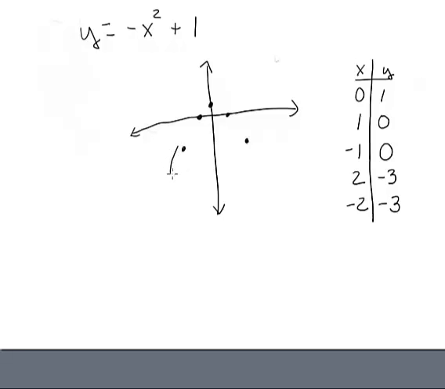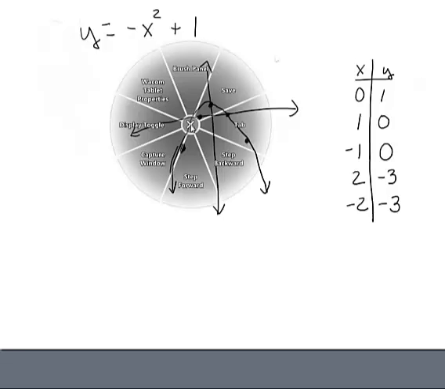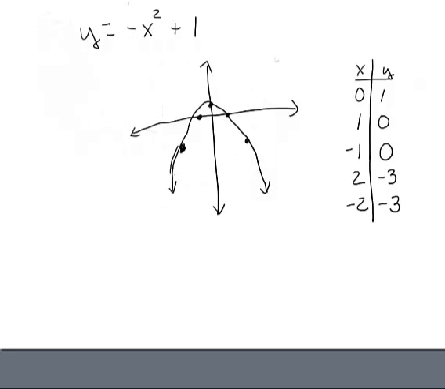Let me try again here. Okay, so the graph's not real accurate here. It should have gone through those points. But I'm not an artist, I'm just a math person. Okay, so let's erase that, and then let's go to our next graph.